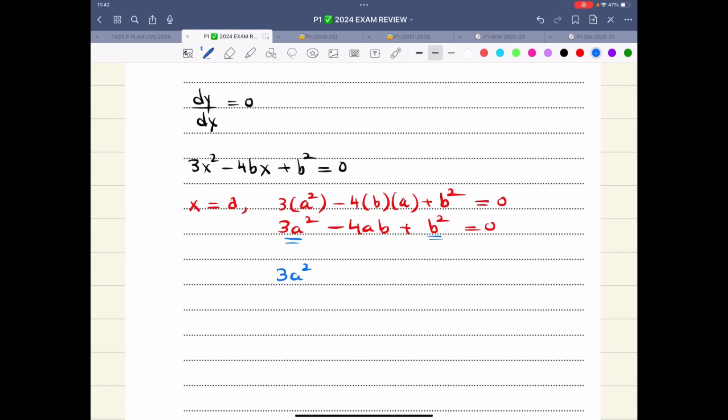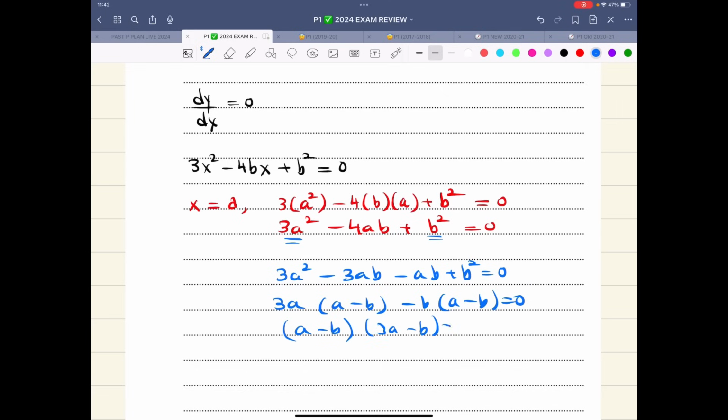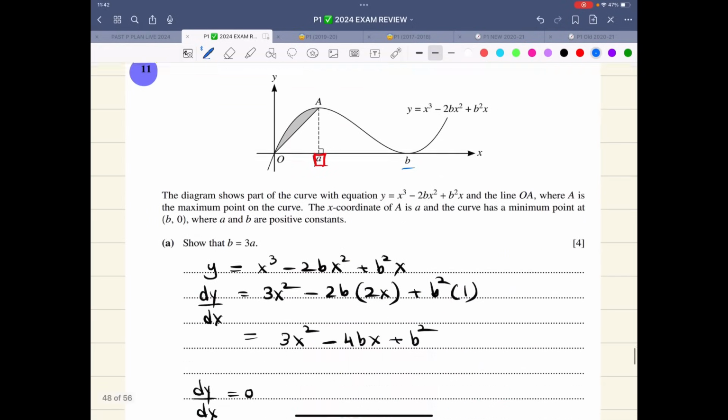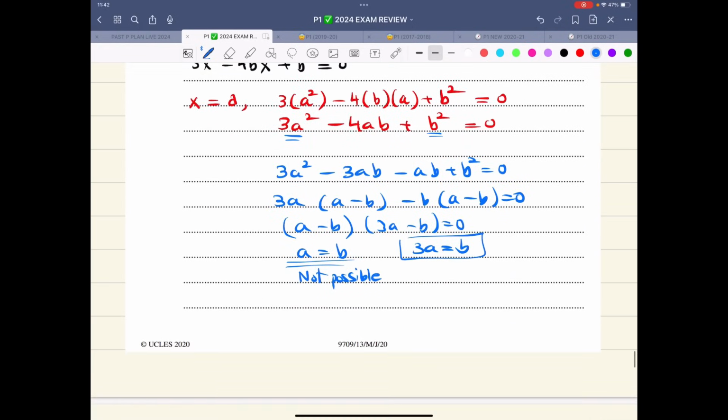So this is 3a squared minus 3ab minus ab plus b squared equals 0. 3a(a minus b) minus b(a minus b) equals 0. So (a minus b)(3a minus b) equals 0. Therefore, a is b, or 3a equals b. a equals b is not possible. How can you have the same value for a and b, whereas from the graph we know that these two are different? So this is what we have proven.